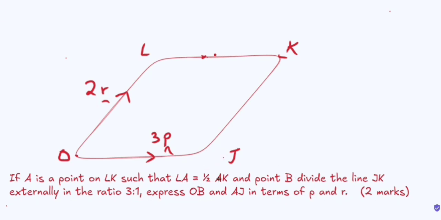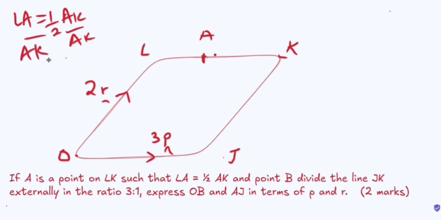So LA equals half AK. There is a line and a point A here. Now, what does LA equals a half AK mean? If I want to find the ratio, I divide by AK. So point A divides LA to AK in the ratio of 1:2.